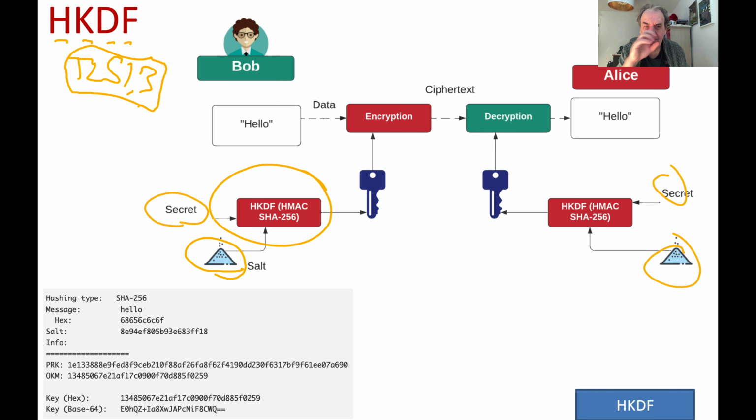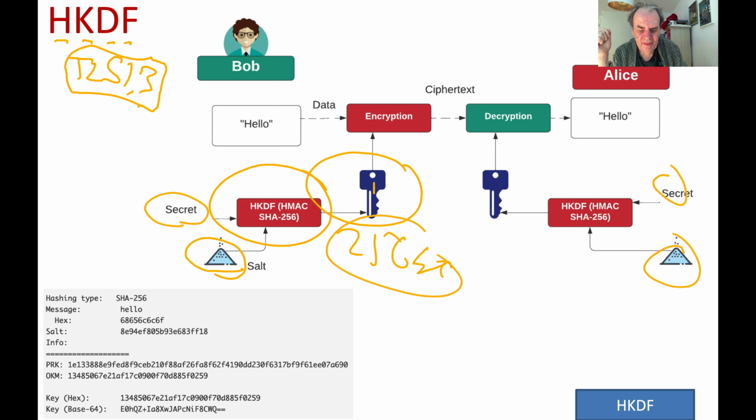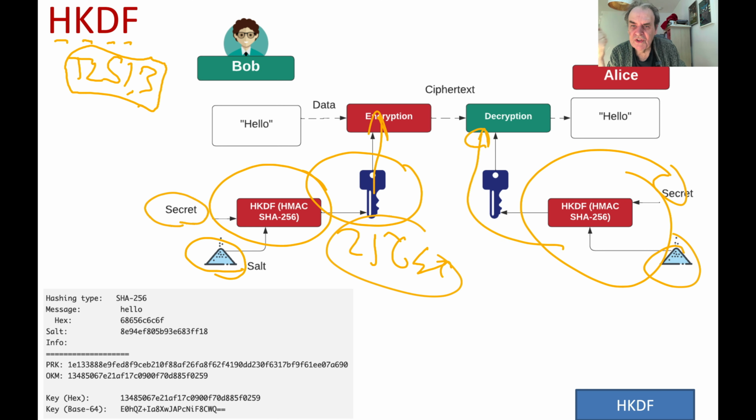In this case, we take a SHA-256 hash and feed it in with the secret and the salt, and that will produce an encryption key for us, say of 256 bits length, that we can use to encrypt. Alice, on the other hand, uses the key derivation function with the secret and the salt, and she'll be able to generate the encryption key, which can then decrypt the data that is sent.